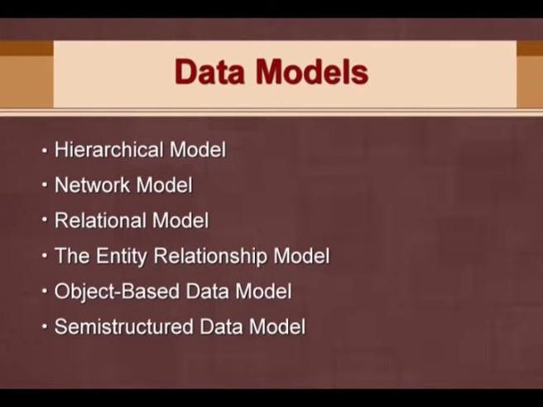So, depending upon the requirements, we have to select the model, like the relational model, or else the object-oriented model or semi-structured model, for that particular organization. Let us see what the differences are between each and every model.